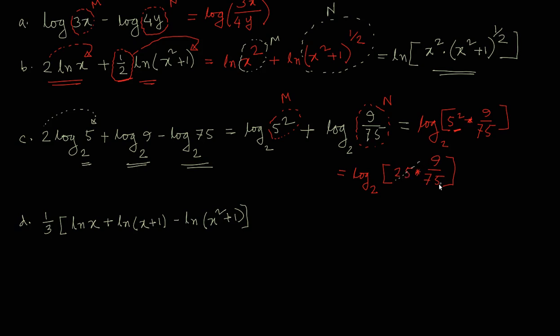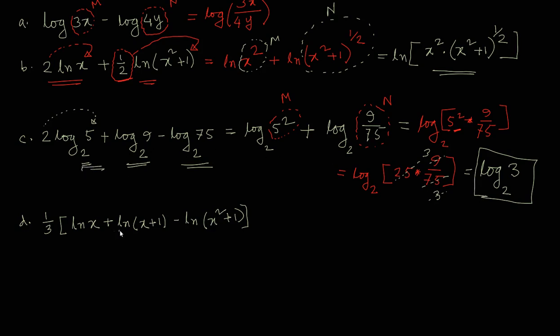So 25, 75, I have 3 here, and if I take 9, if I take 3, that will be 3. So I finally get logarithm of 3 base 2. Okay, so that is the final answer for this problem C.